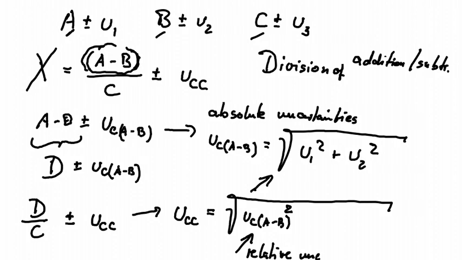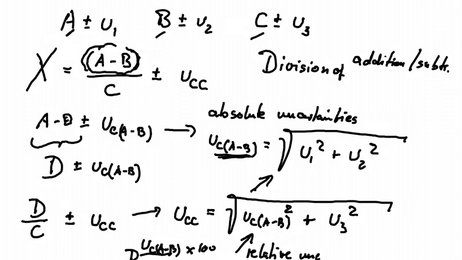So we can't really use that straight away. We have to calculate the relative uncertainty, and we know how we do that. So this relative uncertainty would be UC A minus B divided by D times 100. So that's the relative uncertainty plus the relative uncertainty for our factor C, and that is this U3 also squared.